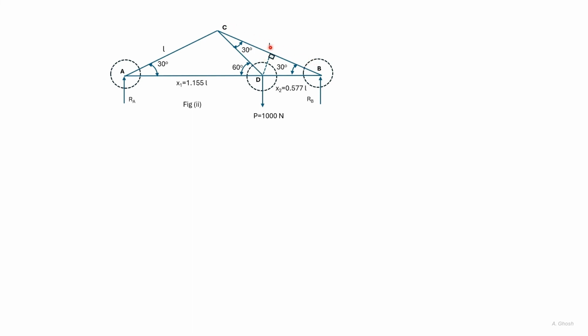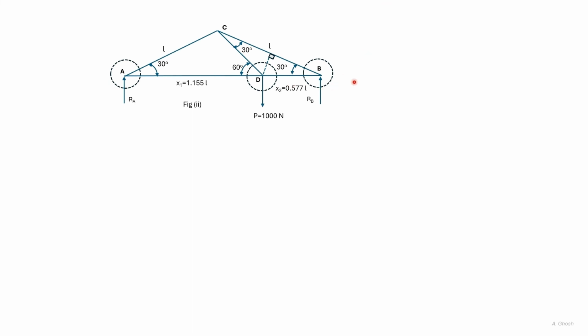Therefore, this distance is L by 2. We get cos 30 is equal to L by 2 divided by BD, from which we get BD equal to 0.577 L. CD is also equal to 0.577 L.